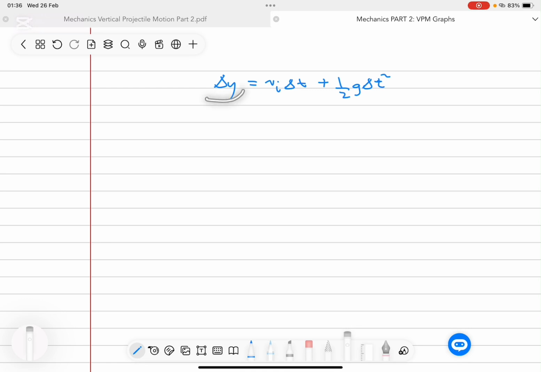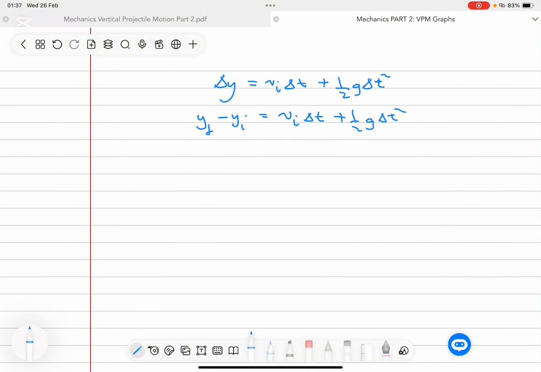We know that delta y, which we call the displacement, can be written as the final position minus the initial position. Basically, that's how we define displacement. And this would be equal to vi change in t plus 1/2 the acceleration times t squared.